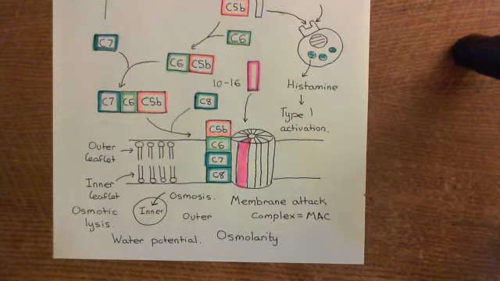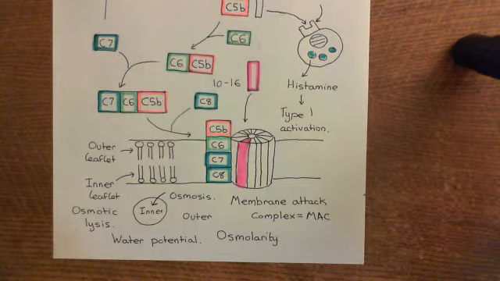Okay, then the other contribution is that you're also chucking out this anaphylatoxin C3a, which is going to lead to degranulation of mast cells and type 1 activation of endothelial cells. So you're going to have a positive feedback loop of the inflammatory response.